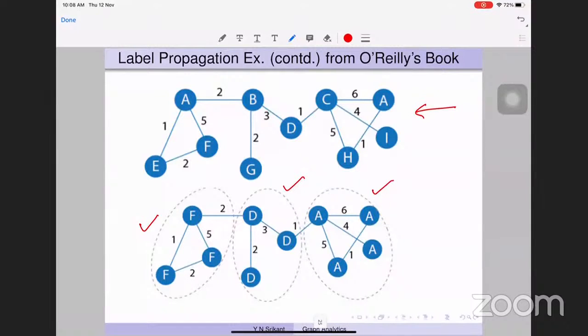We have chosen A, B, and C to begin with. Maybe if we had chosen F, D, and H to begin with, the result could have been different. But that is okay. As long as the clusters are formed and they have some possibility of a cluster, we don't mind. So this is label propagation as far as this is concerned.